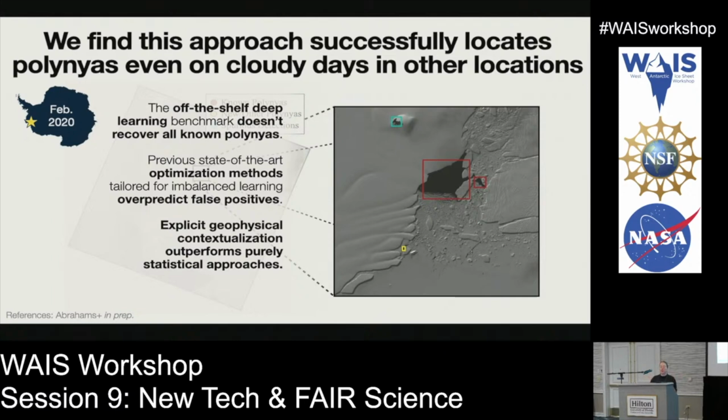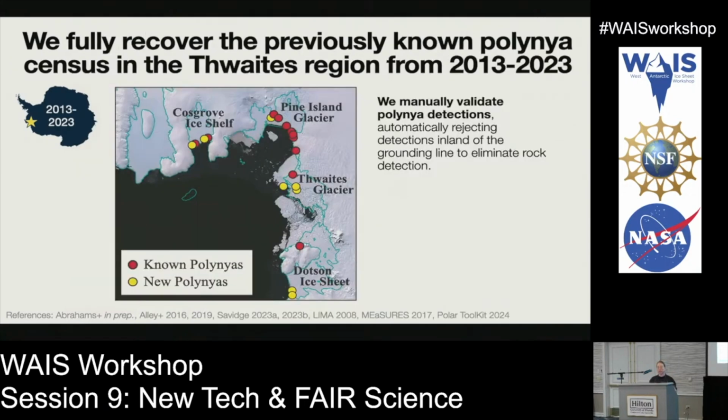Essentially, the outcome is that explicit geophysical contextualization outperforms purely statistical approaches, even those built specifically for underrepresented data. And so it turns out we need our scientific understanding to inform the computer science that we do on our rare and relatively unknown use cases.